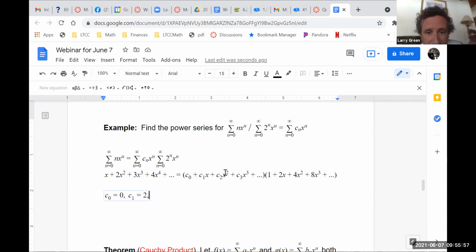So we know that c2 times 1, which is just c2, but then plus 2c1, which is 4. So c2 plus 4 must be equal to 3. So if c2 plus 4 is 3, c2 is -1.